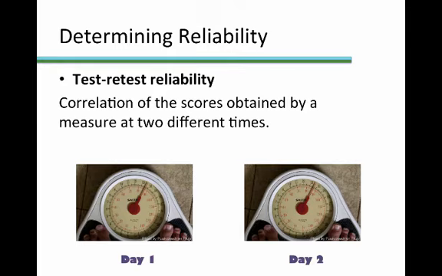Participants are given the same test or measure at two different times, and the correlation of the two sets of results is determined. So again with the bathroom scale, we could take a measurement one day and then again the next day, and the correlation between the two scores would give us an indication of how reliable that measure is.